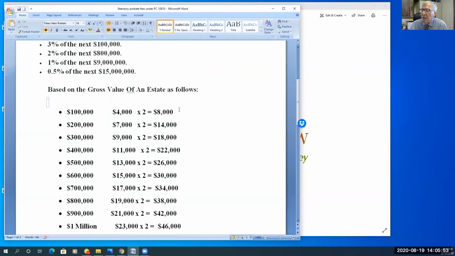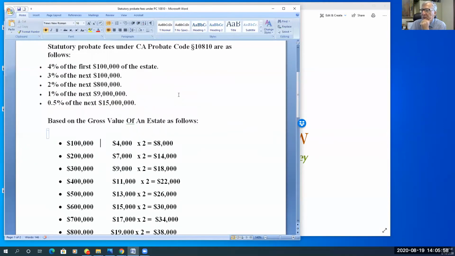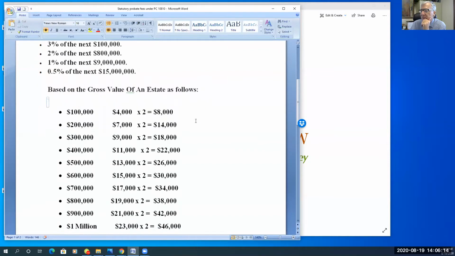So here are examples. Let's say we have an estate of $100,000. We apply 4%, and we have $4,000, and we double that because the attorney and the executor get the same fee, and we have $8,000.